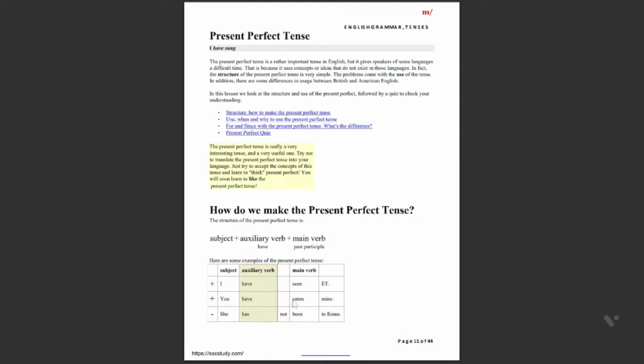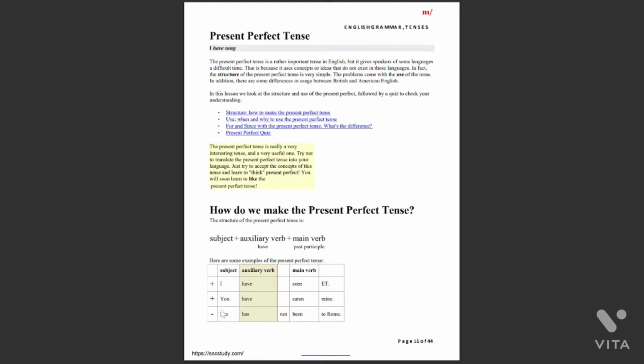You have eaten mine. Eat, ate, eaten, that is verb formation. For a negative sentence: she has not been to Rome.